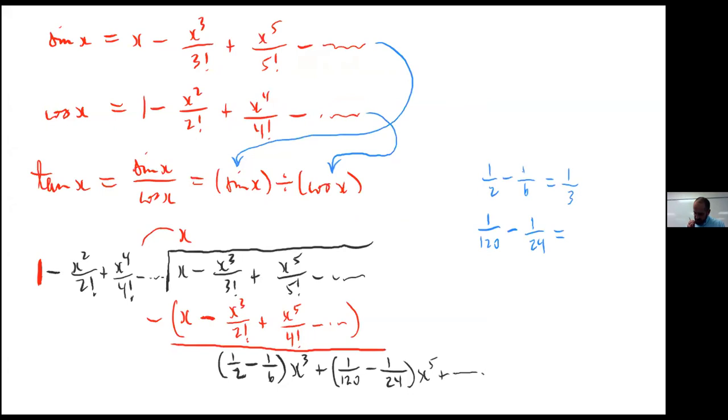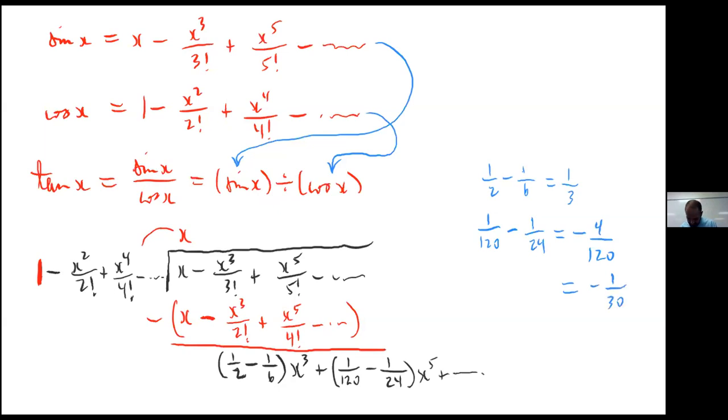Because it's going to be minus 1 minus 5. So isn't that negative 4 over 120? You would multiply and divide the second thing by 5. You get negative 4 over 120, which is negative 1 over 30.